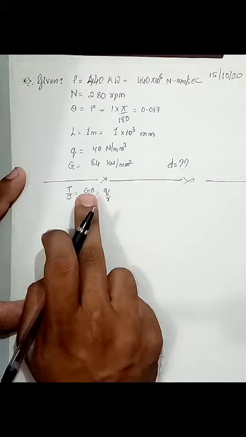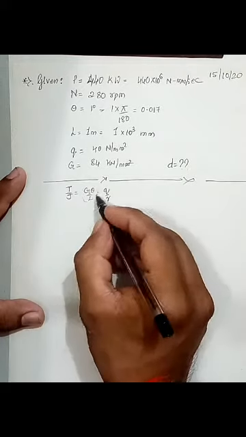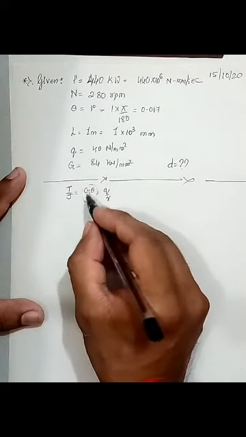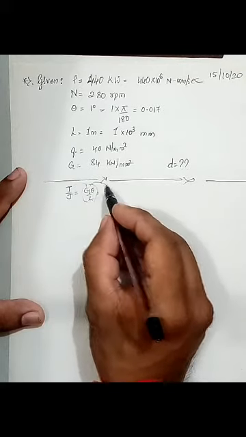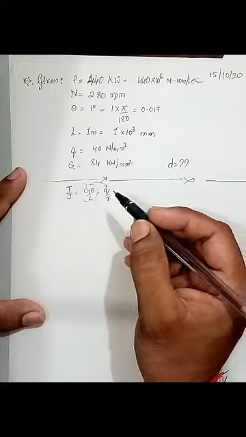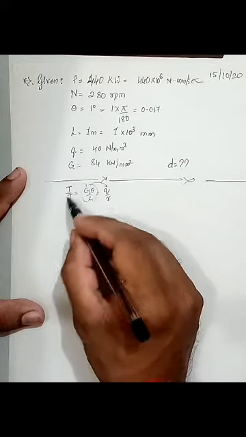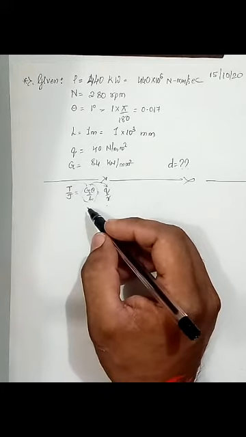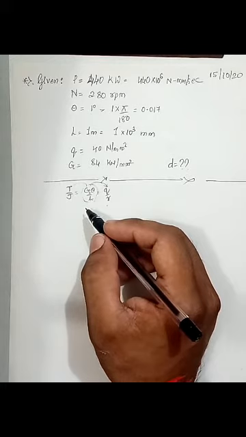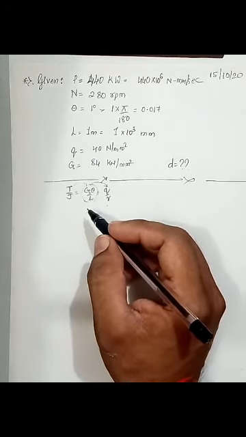So you can equate the first term to this, and second we'll equate this to this. Therefore from both the terms we can find out D, and whichever is the maximum, we need to select as the diameter.